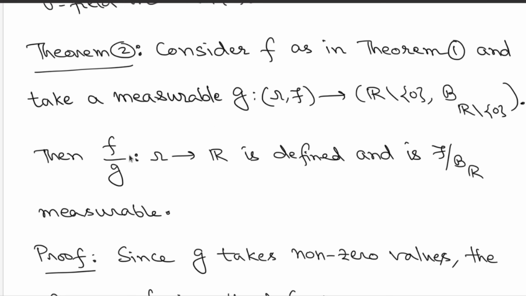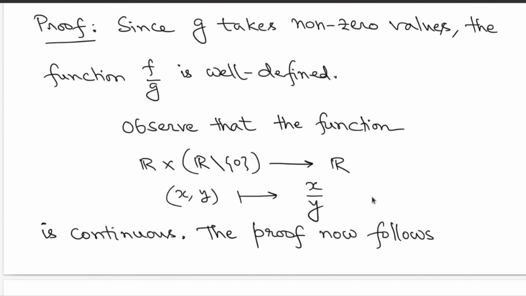The division is well defined. This is a real valued function, because f can take the value 0, right? The division can produce the value 0 since the numerator is allowed to be 0. So how do you show this? Again, just to repeat, f by g is well defined as long as g takes non-zero values.